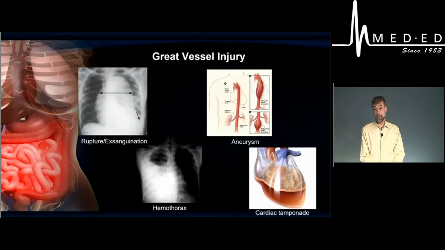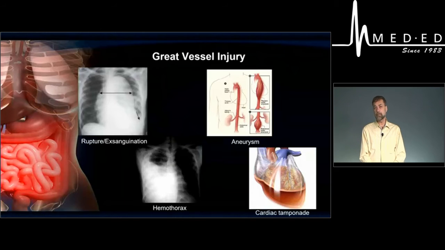Now, when we look at these great vessel injuries, there are some different types of things that you may have to deal with when the patient gets to the hospital. Now, the obvious one is if the aorta or the other great vessels actually rupture or tear, you're going to have massive blood loss and massive exsanguination. If you're looking at this video, look at the upper left picture, that widened mediastinum, a huge amount of blood that's leaked from an aortic injury into the mediastinal area. Sometimes that blood can leak into the pleural space and the patient can get a massive hemothorax.